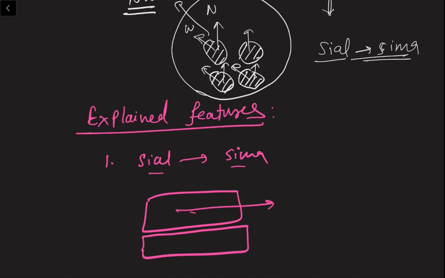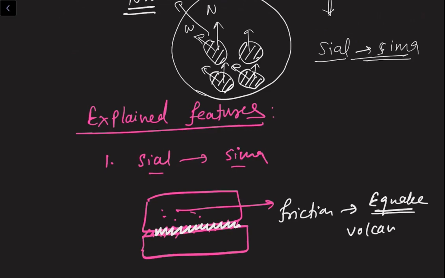When Sial is moving over Sima, there is bound to be friction in between them. Now, this friction leads to earthquakes. This is the simplistic explanation he gave. Okay. Now, it will not just give you earthquakes, but also volcanism.